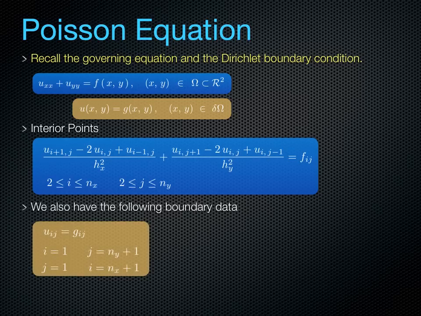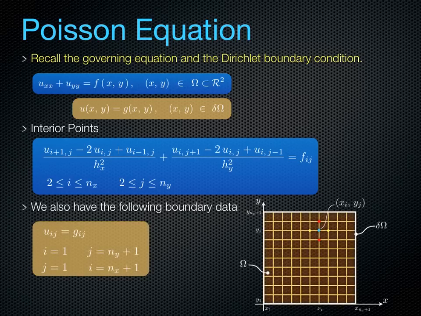So the boundary data will come from there, and then for all the interior points I have to satisfy the equation in the big blue box here. And if I have a light blue point that has a neighbor that happens to be on the boundary, the value of the field variable there is not unknown, it is known, it is prescribed. I'm going to be able to get that value from the big yellow box.